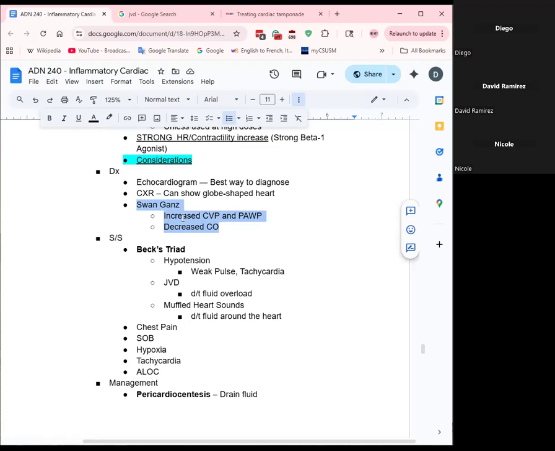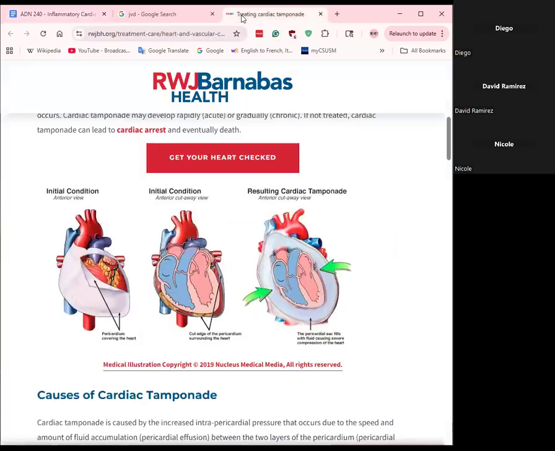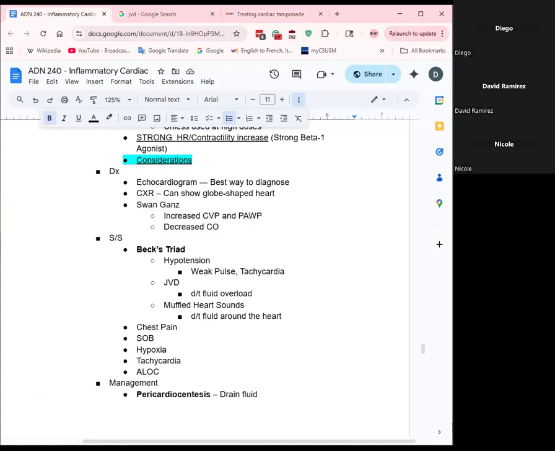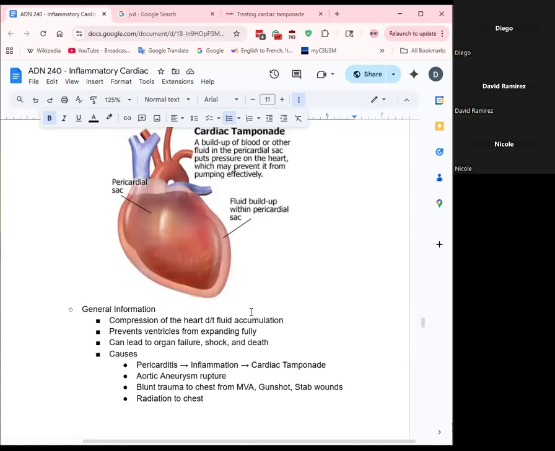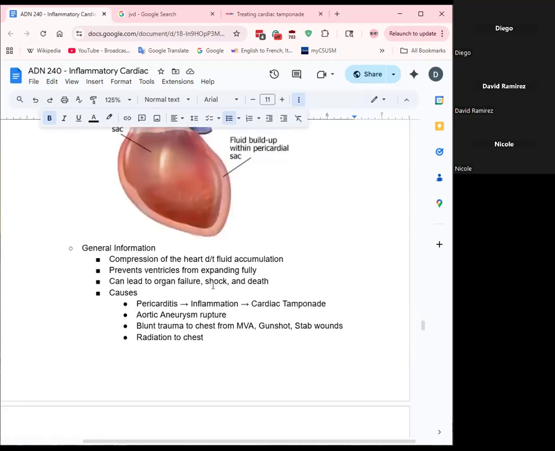So you can see it is very similar to cardiogenic shock in terms of how it presents, but of course you get to see through your diagnostics that there is this globe-shaped heart. A lot of times it comes from endocarditis, or sorry, pericarditis.